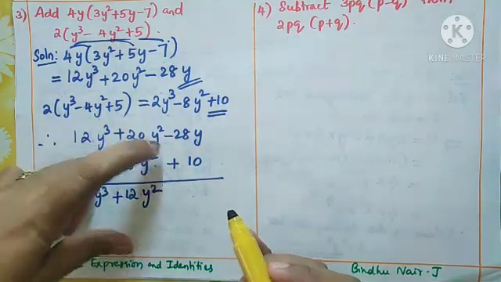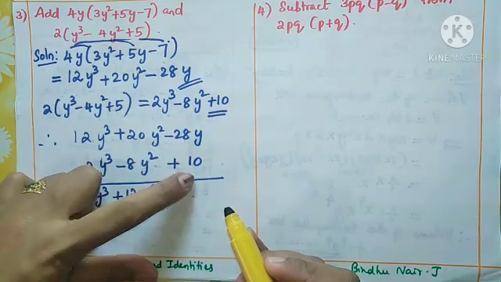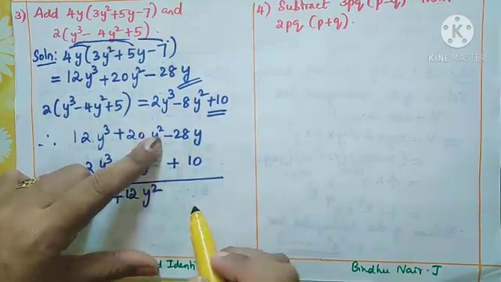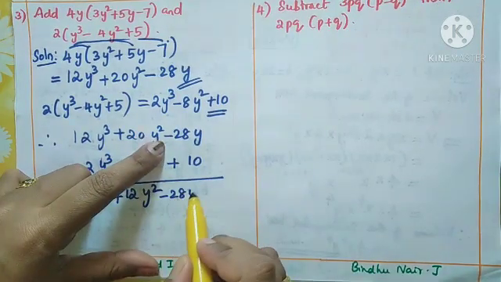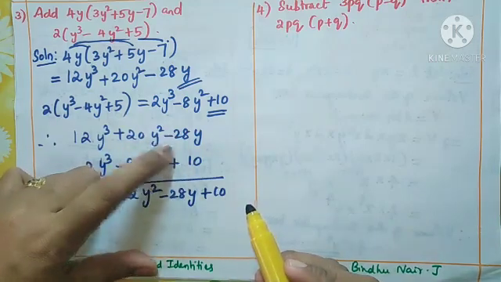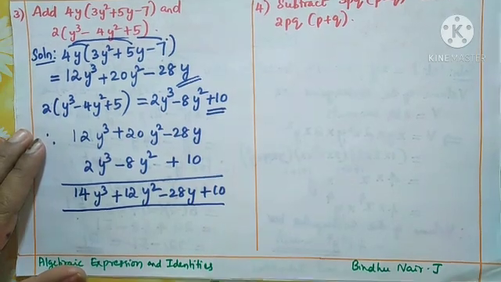Right? Now you see here y term and here constant term. They are different. So don't add this. Just write as it is. So here minus 28y and plus 10. We cannot add these two numbers. Okay. So this is the answer here.